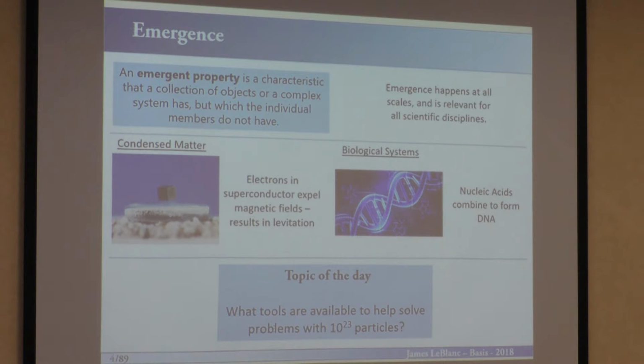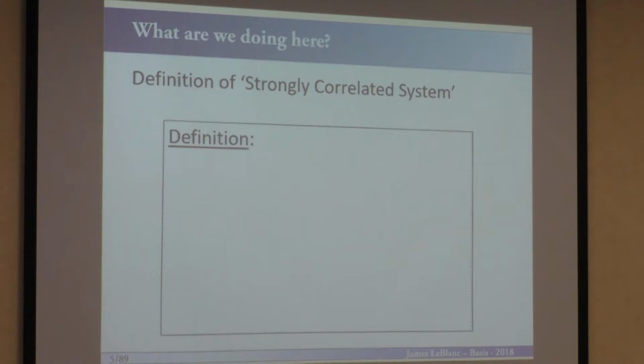We're not going to do that, unless we all get really sick, I guess. I hope there's no virus that causes us to invert that way. All right, so what we want to do is outline the tools and methods of many-body theory to help deal with problems when you have 10 to the 23 particles.